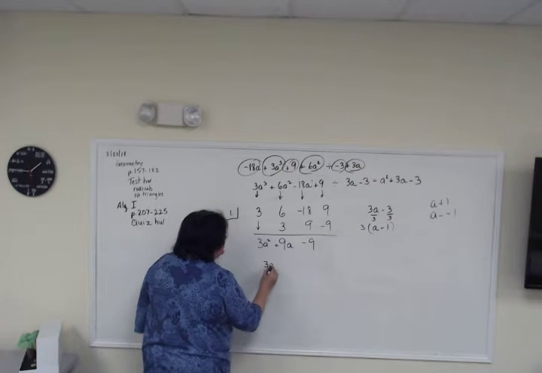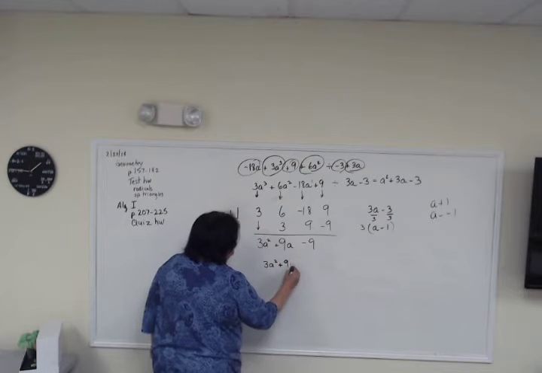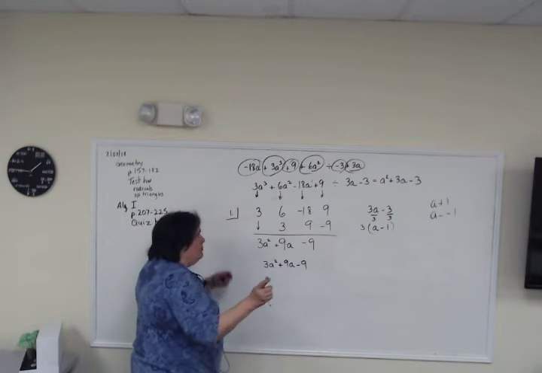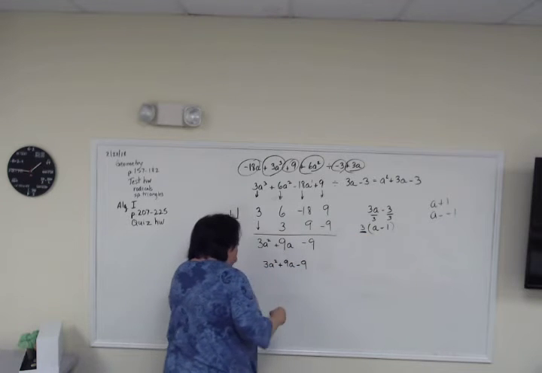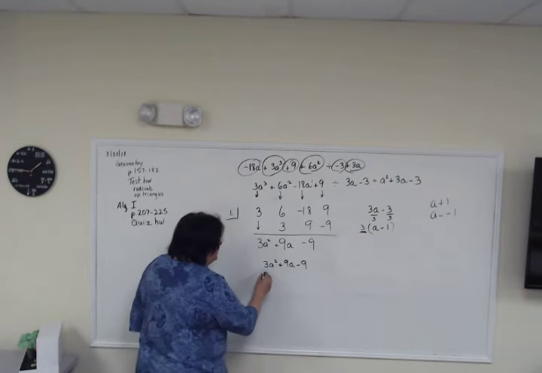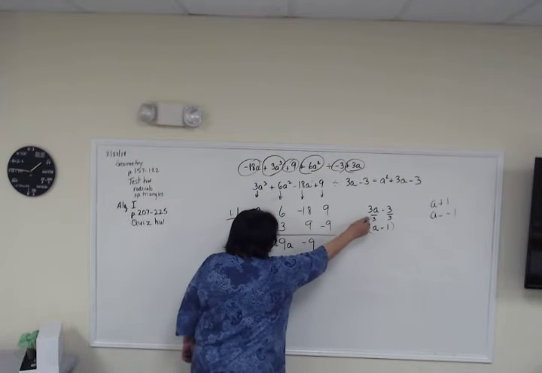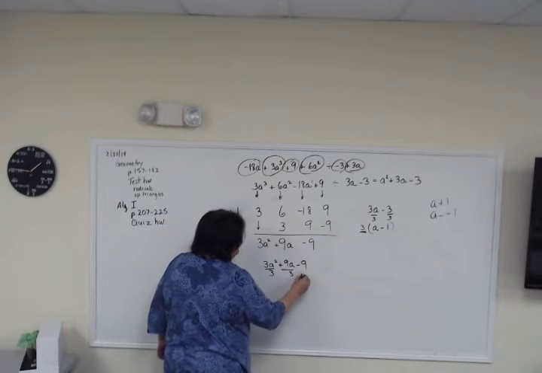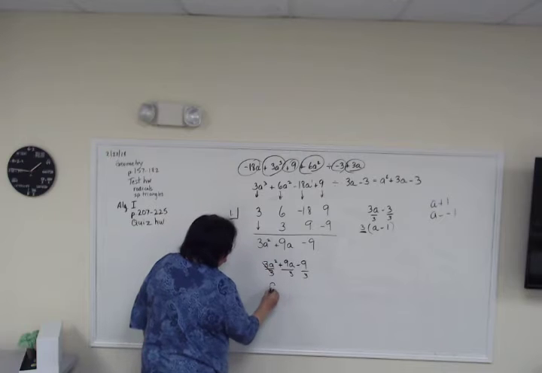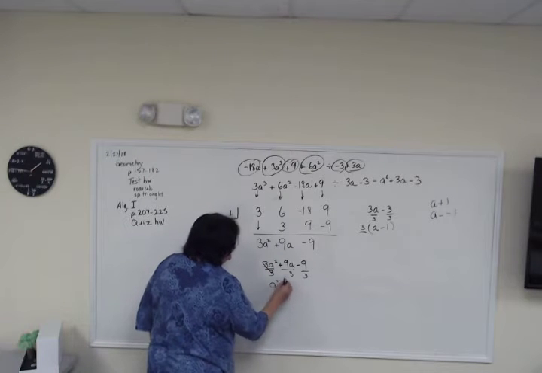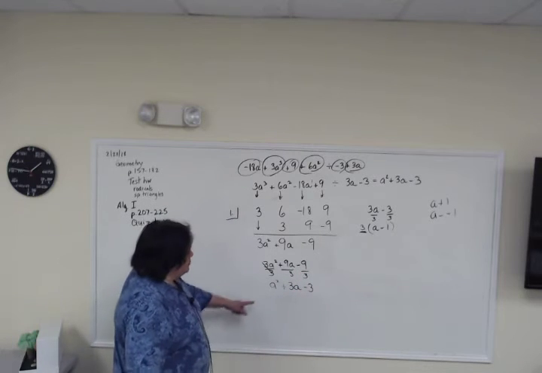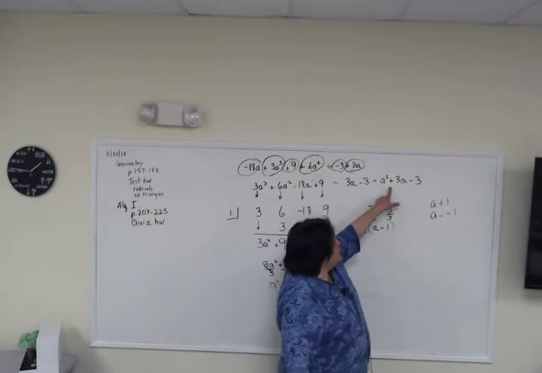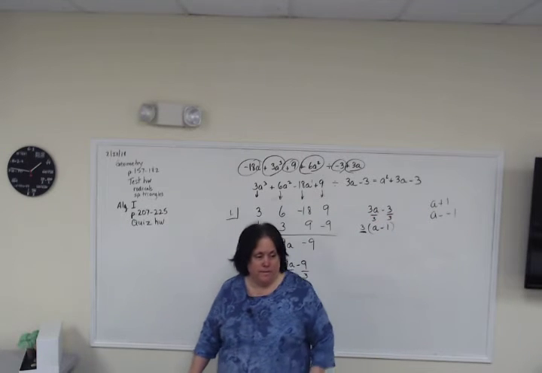So our equation is 3a squared plus 9a minus 9, but remember, we have to go back and divide by 3, don't we? We have to divide because we took that 3 out. A squared plus 9 divided by 3 is 3. A squared plus 3a minus 3.